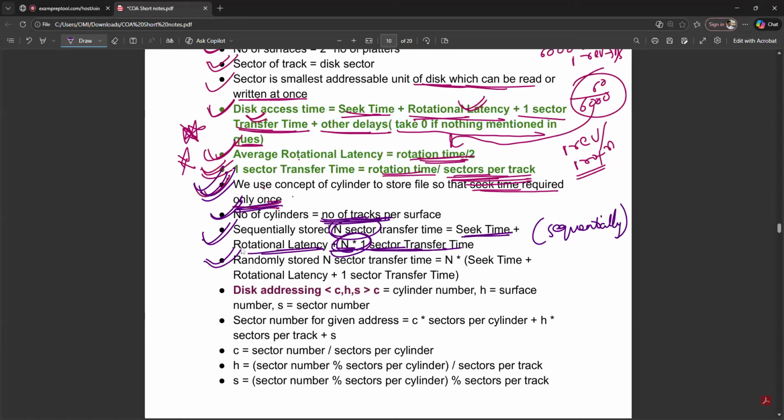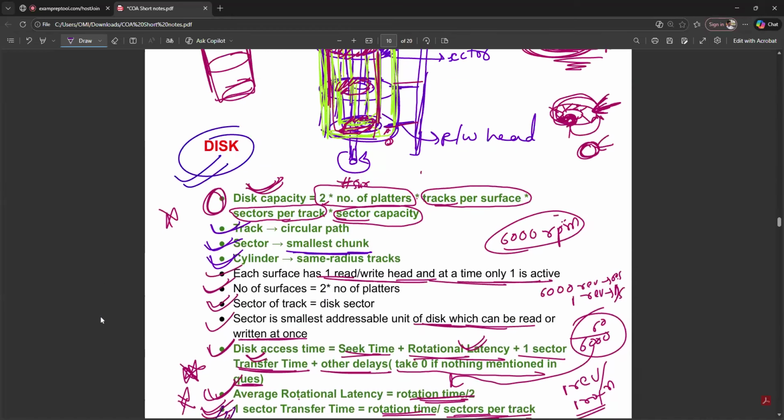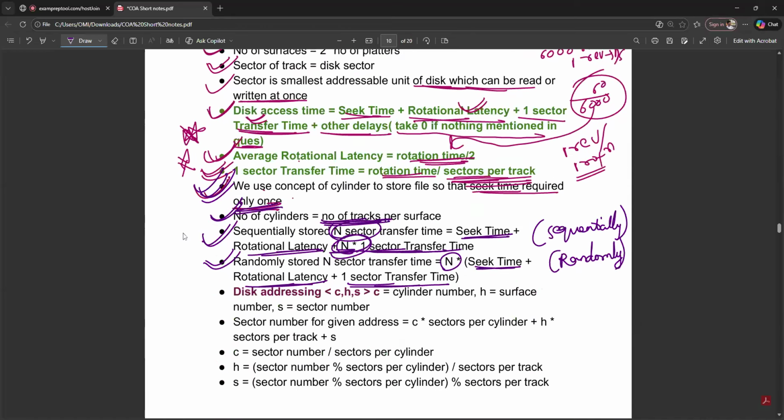Now if you stored it randomly, it is n times seek time plus rotational latency plus one sector transfer time. Because you have stored the file on n sectors randomly, you don't know where it is present. Let's say this is the disk.